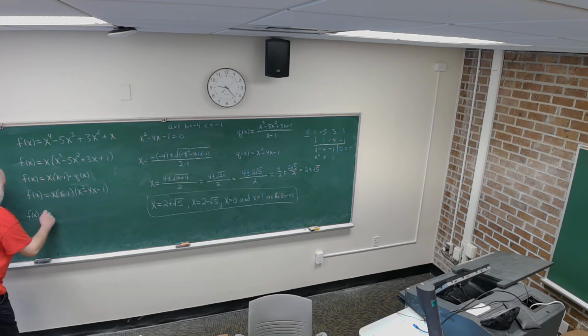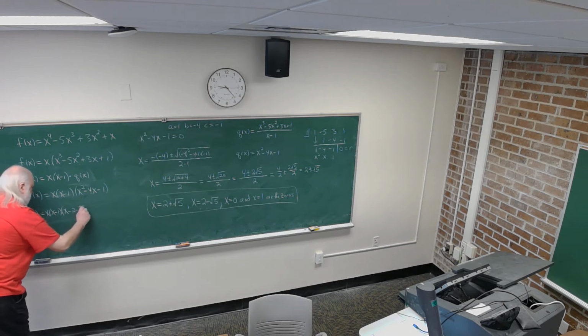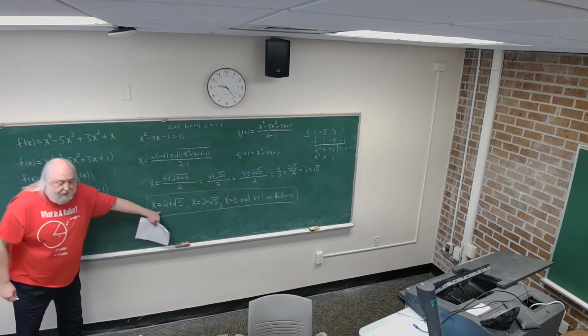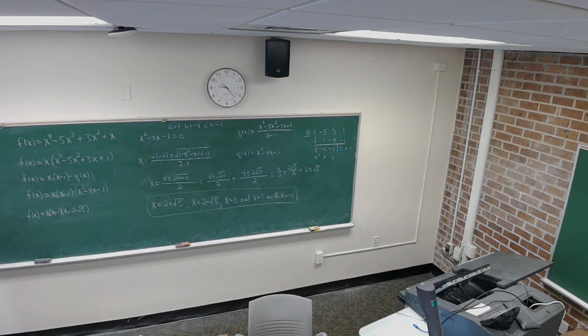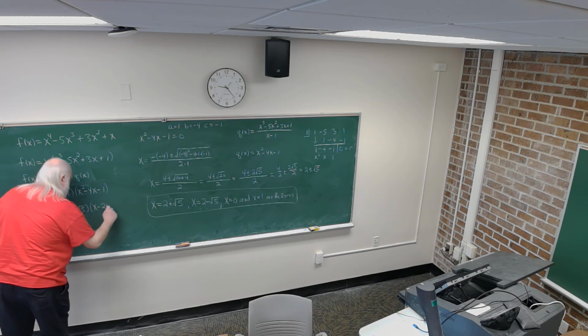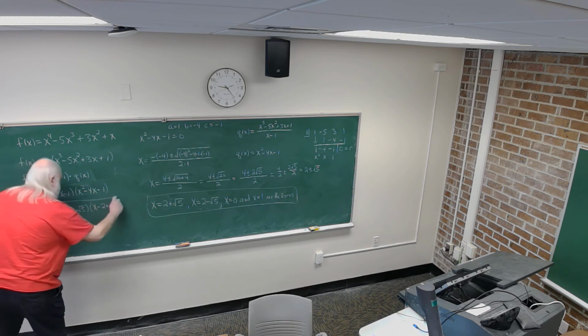So we have f of x is equal to x times x minus 1 times x minus 2 minus the square root of 5. Okay. Remember, you just subtract, move everything from the right-hand side to the left-hand side to get the factor. Right, the factor theorem says if x equals c is a 0, then x minus c is a factor. And then finally the fourth factor is x minus 2 plus the square root of 5.